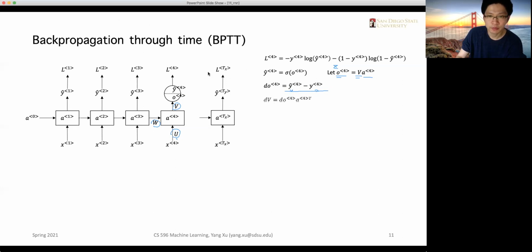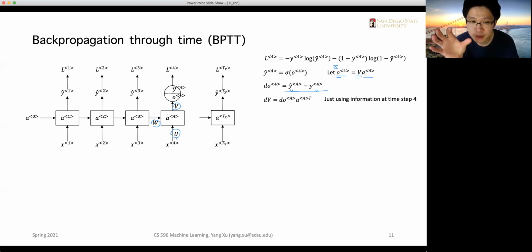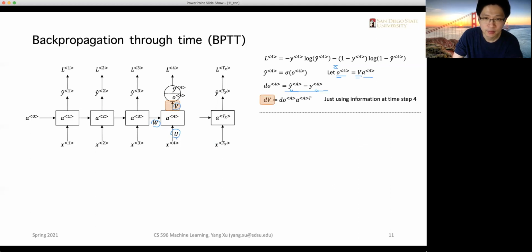So DO will be computed, and DV, according to the backprop principle, will be DO times A4 transposed, right? So far, we just use the information at time step 4, the current time step, right? But from the next step on, DA will be V transpose times DO4.